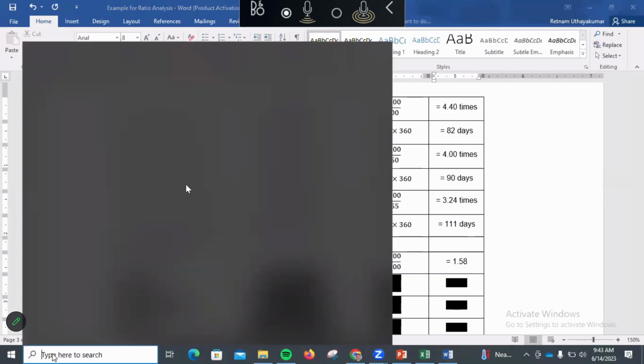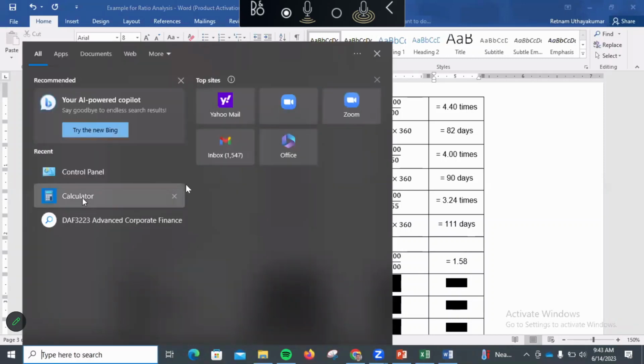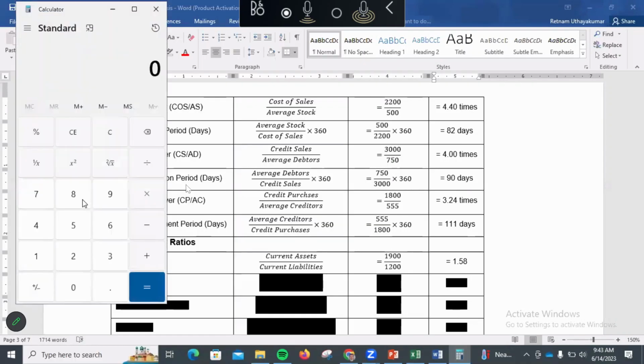So why do you want to have 1.58? 1900 over 1200. When you are rounding up, you want to deduct all this, 1.58. So anyone writing 1.59, that's wrong.